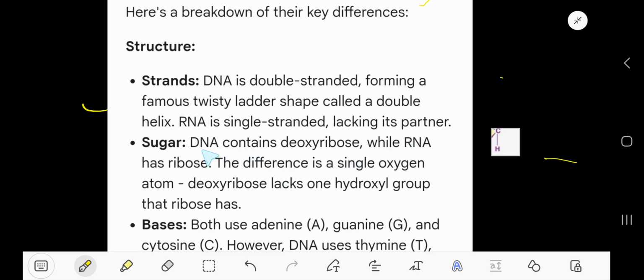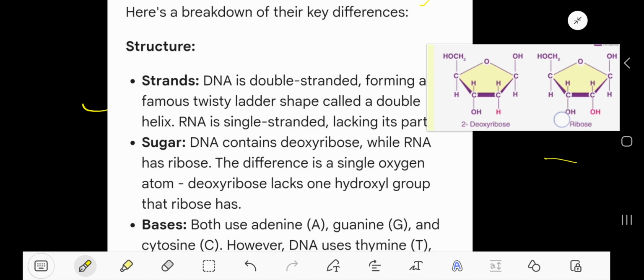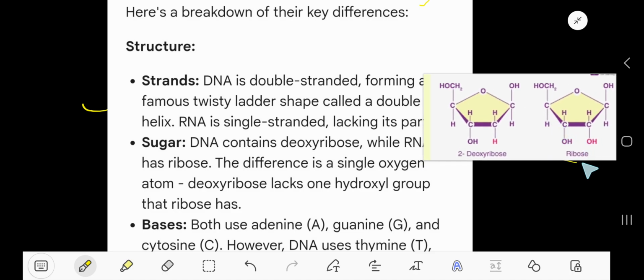Okay. Look, sugar. DNA contains deoxyribose while RNA has ribose. Look at this picture. This is the structure of ribose, and this is the structure of deoxyribose.